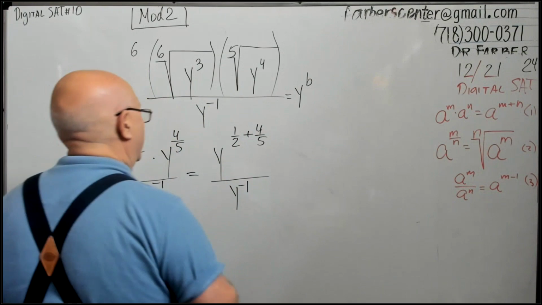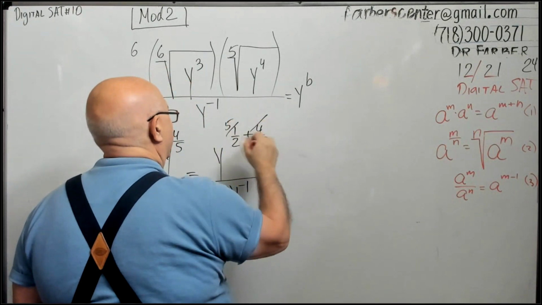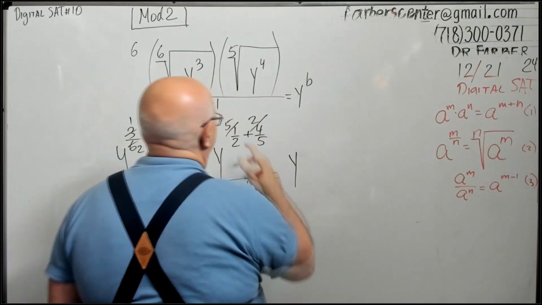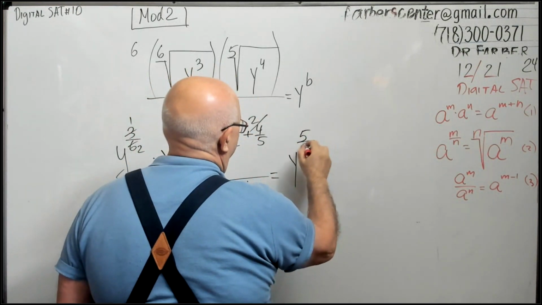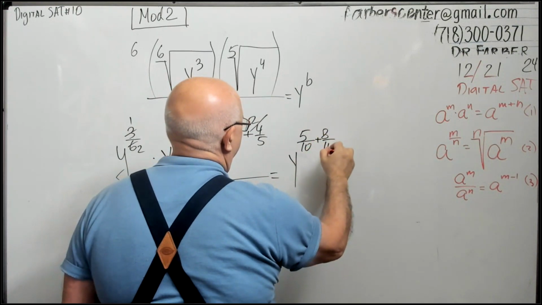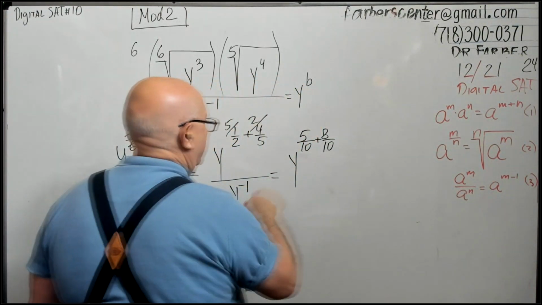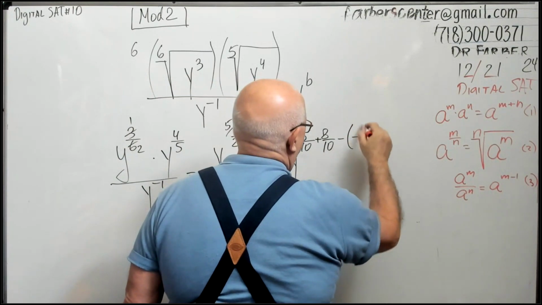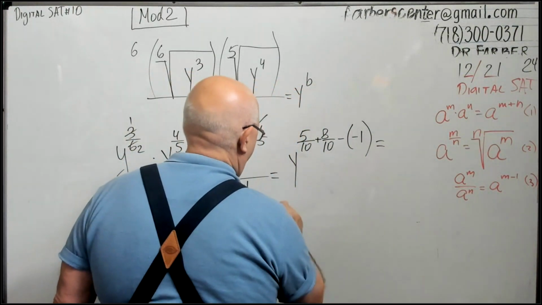Like you did in third grade, add the fractions. The LCD is 10, and you have y to the power 5 over 10 plus 8 over 10. And based on formula 3, minus -1 is plus 1, which is y.